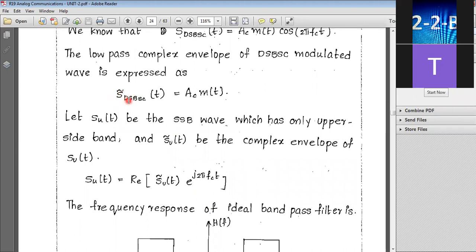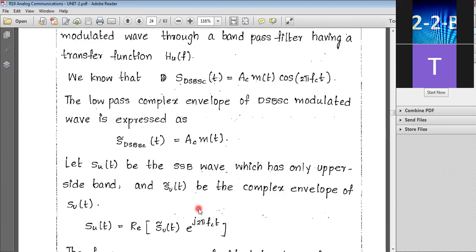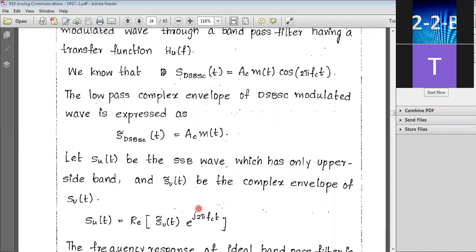This is the envelope and the above signal is the total signal. Before passing through the low pass filter, we have this signal. After passing the low pass filter, we have this, the final stage. At the final stage, we have only Ac m of t. So that is DSB-SC, already you know, only the message signal. There is no carrier. Therefore the signal representation is Ac m of t.